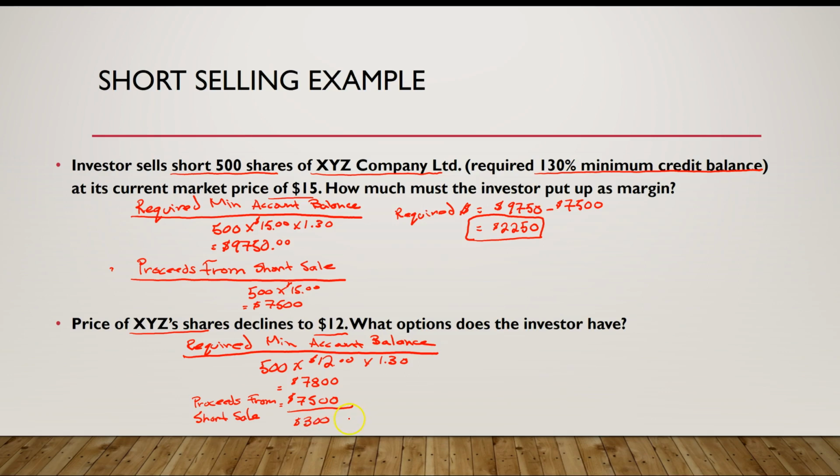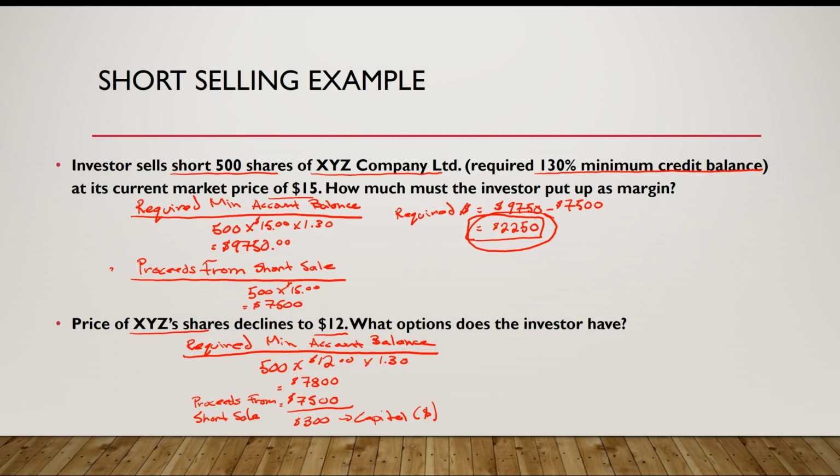So this is the required capital that I have to put in on top of the short sale proceeds that I've obtained. Well, hey guys, look, from the previous example up here, I've already put in $2,250. So I already meet the minimum credit balance required.